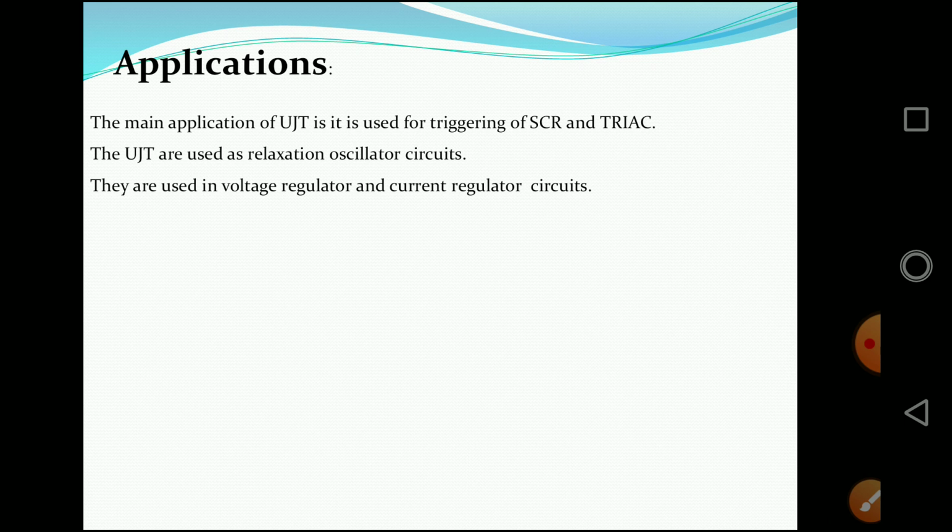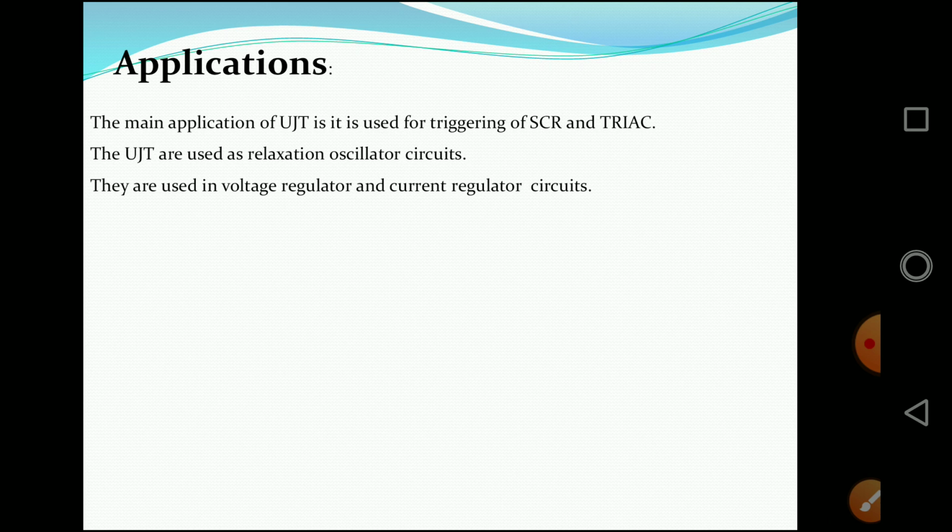Next are applications. I have already explained that the UJT is one type of transistor, but a little different in switching characteristics. Therefore, it is generally used in relaxation oscillator circuits, and the UJT is also used for triggering SCRs and triacs. Triggering means turning on the power semiconductor devices.